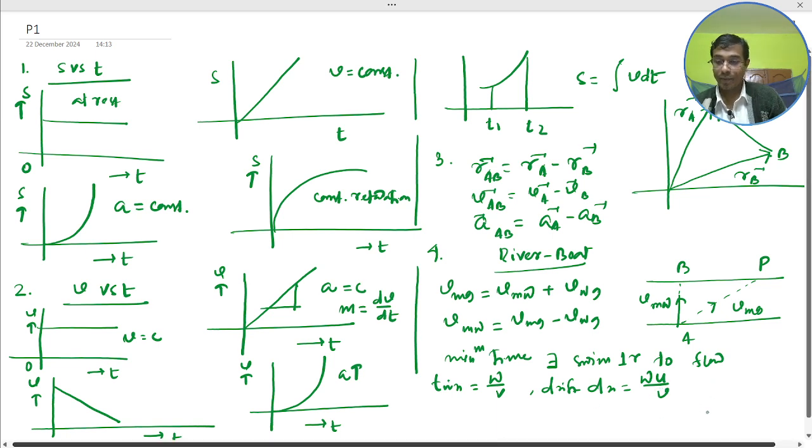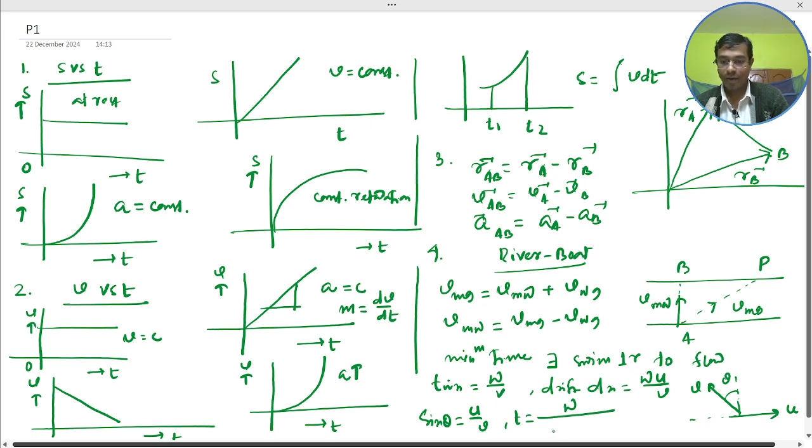And another thing: for the minimum distance path, this is velocity u and this is velocity v making angle theta. So for the directly opposite point, sin theta is equal to u by v, the time would be w by the square root of v square minus u square, and here the drift dx is equal to 0.